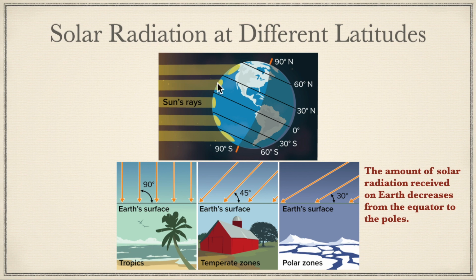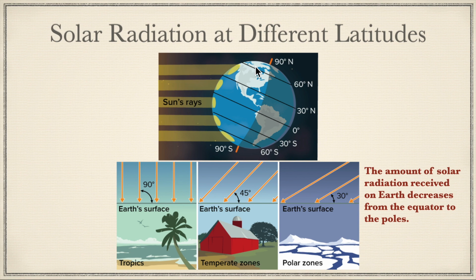As you get further away, say like here, the sun's rays may come in at a 45-degree angle because now they're still coming in kind of parallel, but now the Earth is curving away from the sun here. So those rays hit and they spread out. So you end up with less concentrated solar radiation. And as you get to the poles, you get to lower and lower angles until eventually you get to no sunlight.